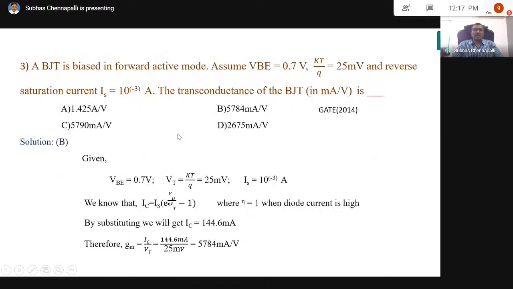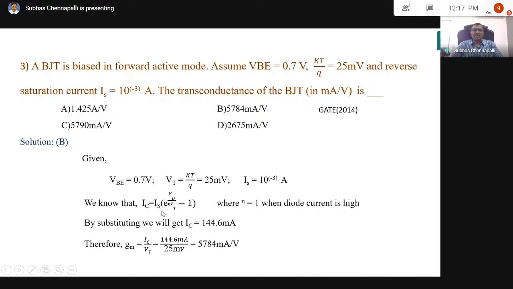Then you have one more question: a BJT is biased in forward active mode, that is, in the active region. Assume VBE is 0.7 volts, KT by Q, that is VT, is 25 millivolts, and the reverse saturation current is 10 power minus 3. The transconductance of the BJT is asked. VBE is given, VT is given, IS is given.